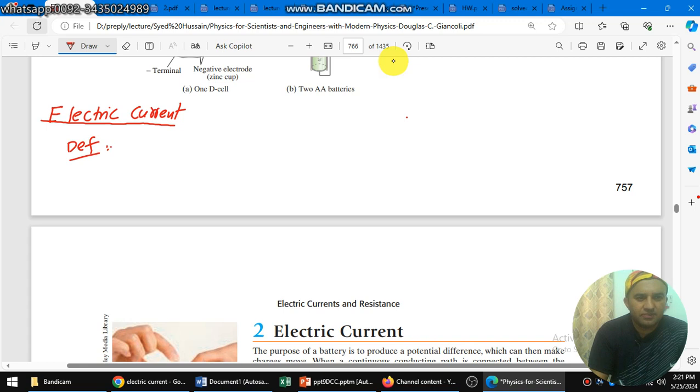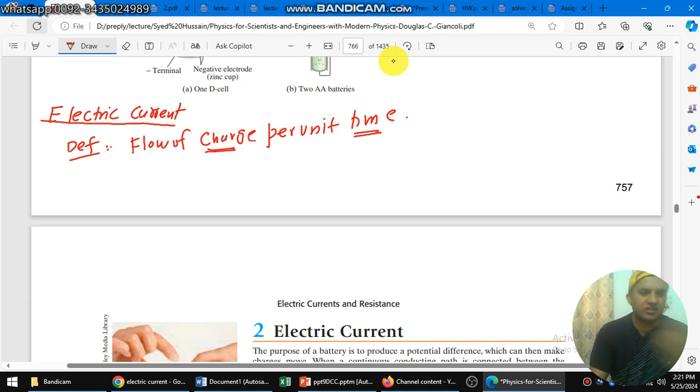Current means flow of charge per unit time, meaning how much charge flows in unit time is called electric current.